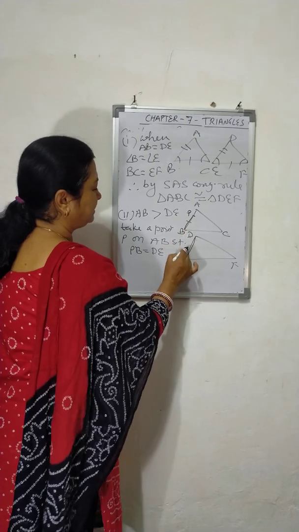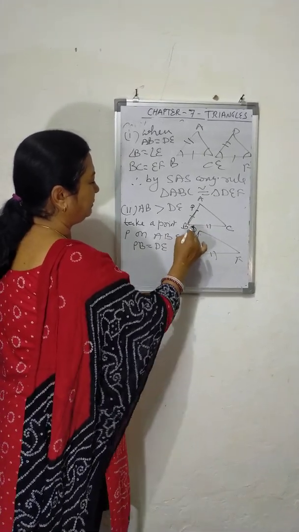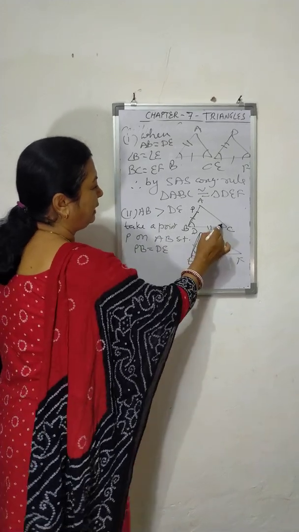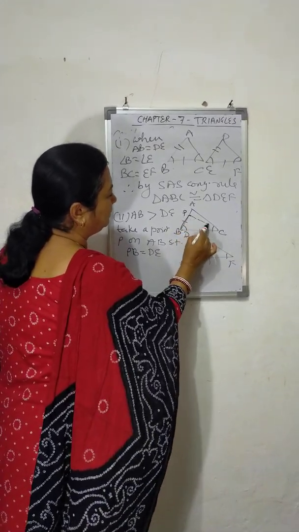Now PB is equal to DE, BC is already given equal to EF, angle B and angle E both are equal, and angle C and angle F are equal. Here let us join P and C.